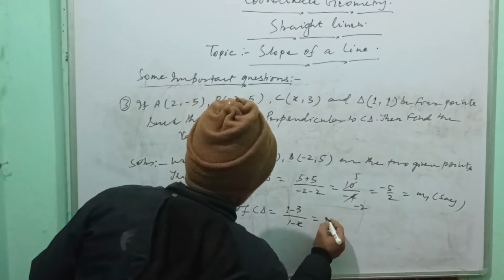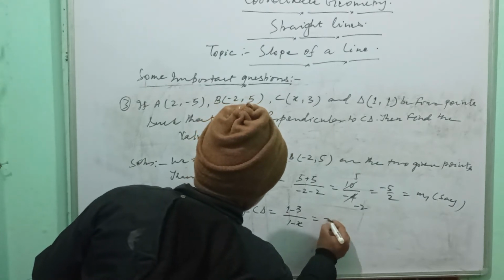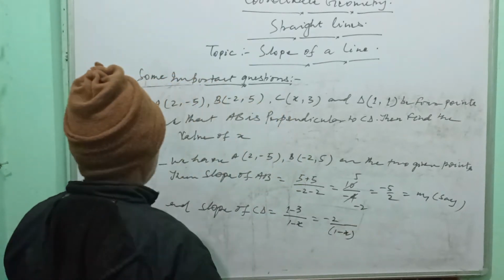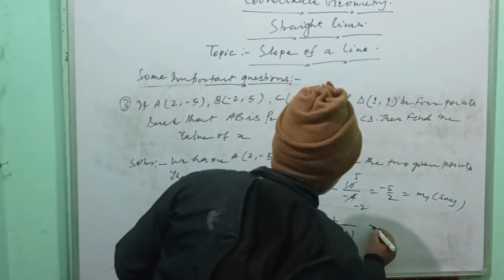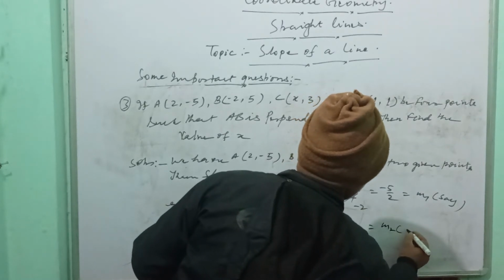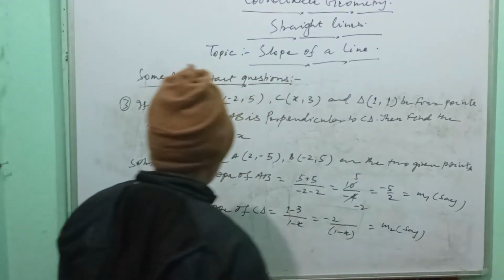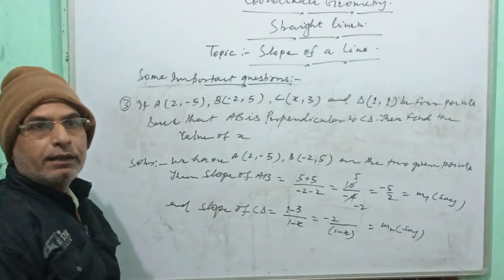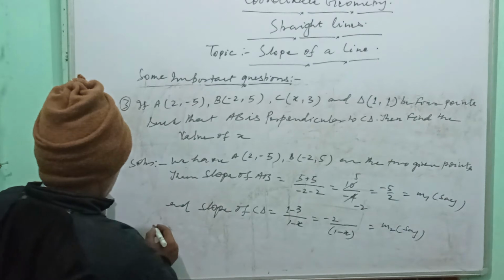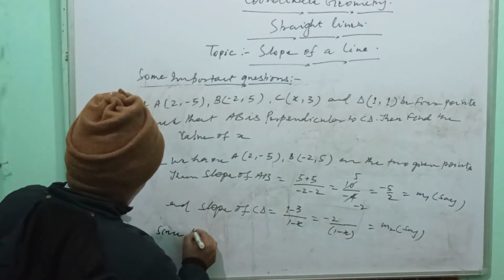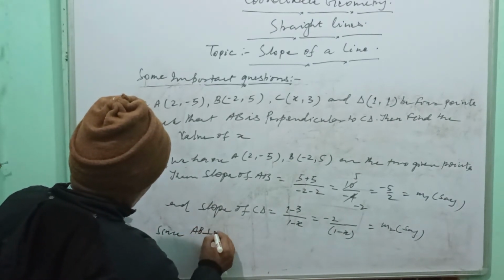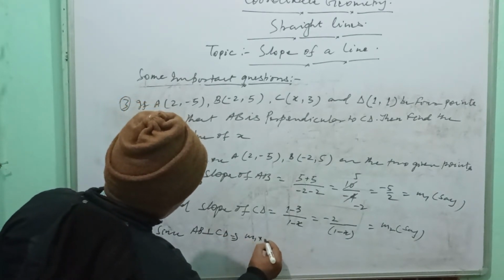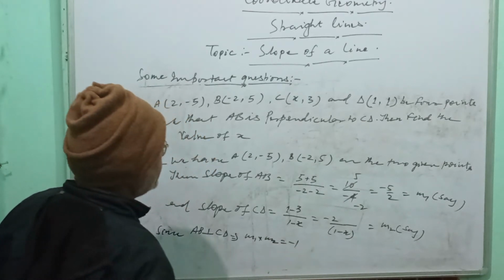This is equal to 1 minus 3, which is equal to minus 2 by 1 minus x, which is equal to M2, means slope of the line CD. Then AB is perpendicular to CD. This implies m1 into m2 is equal to minus 1.